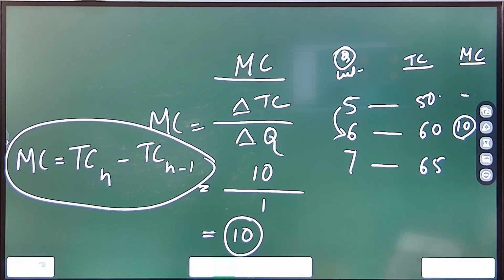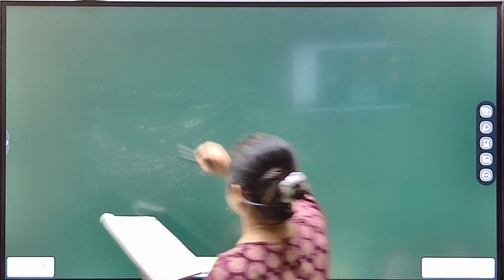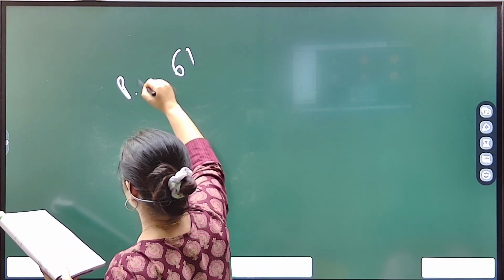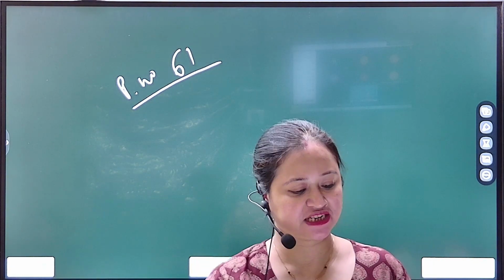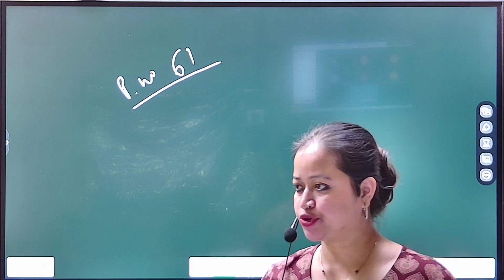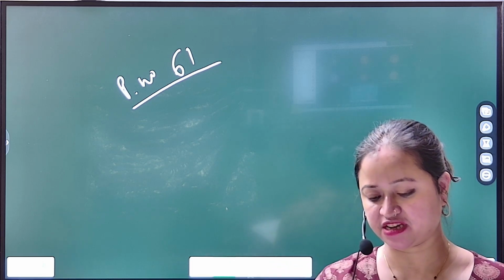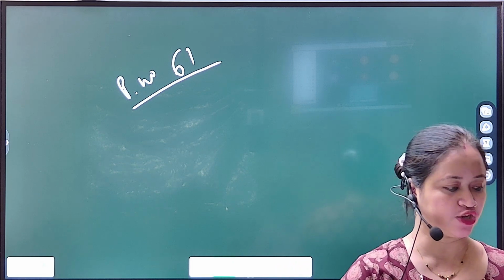Okay. So now go to page number 61. Everyone go to page number 61. So there is a difference given here. Already I have told you, 4 differences are given here. Fixed costs do not vary with quantity of output.